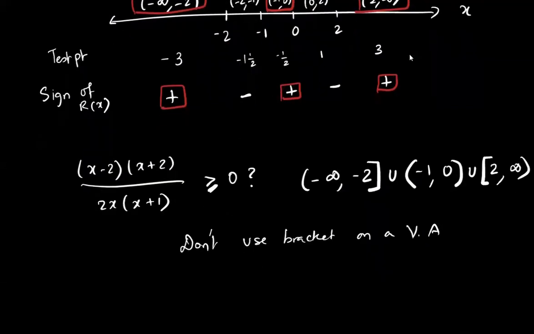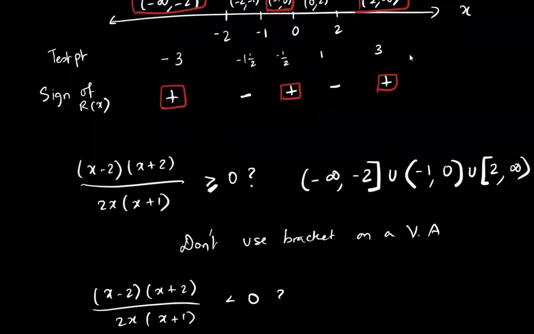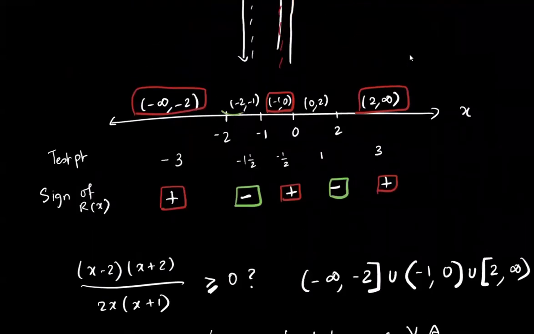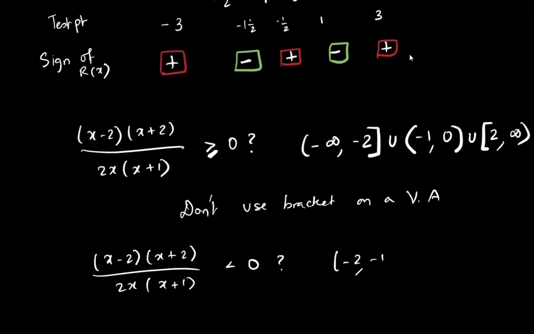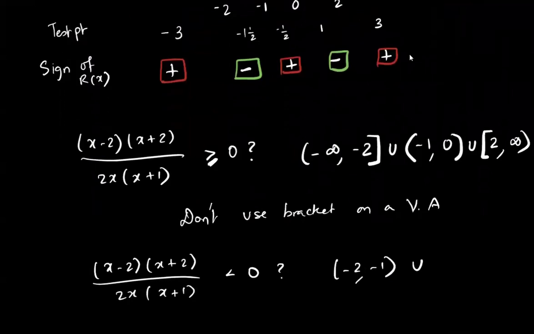Okay. Now, if the question was, where is this function less than 0, for example, then here I'm looking at wherever it was negative, right? So what are the corresponding intervals I'm looking at? These two, right? Which is -2, -1, union 0, 2.